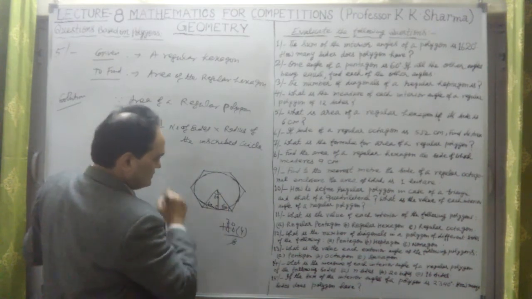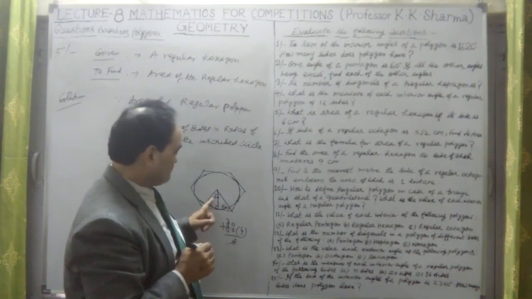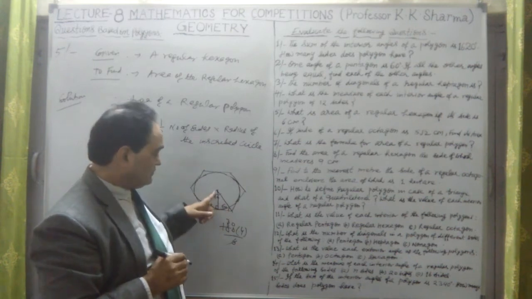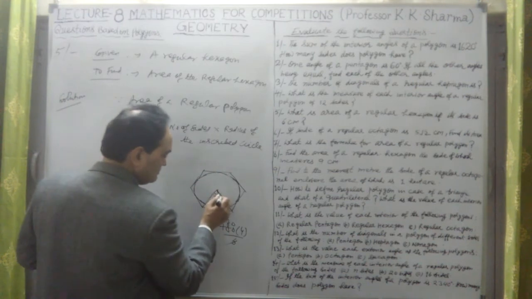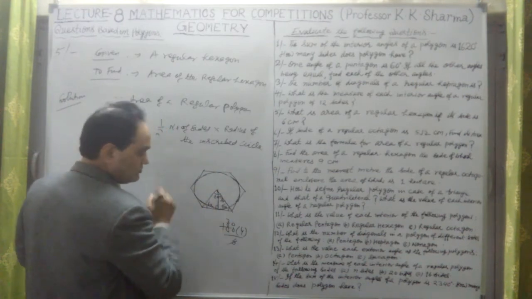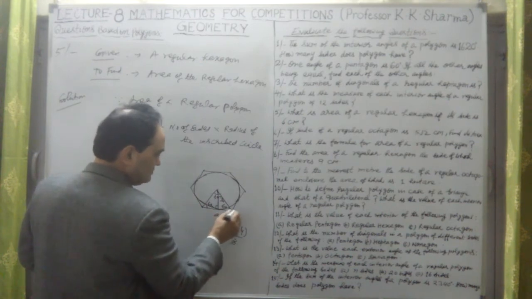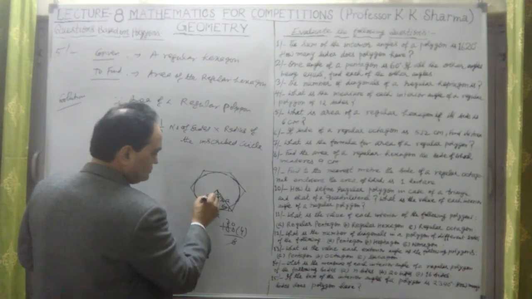So this triangle is an equilateral triangle. If I have to find the radius, this is also 30 degree. Suppose this side is A; all sides are equal, this is an equilateral triangle.